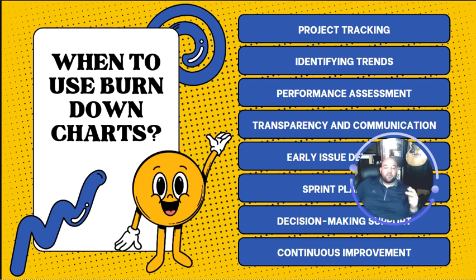It helps us set realistic goals and expectations for the upcoming sprint. Decision-making support provides data for informed decision-making, and it helps us in adjusting strategies, resource allocations, and project priorities.